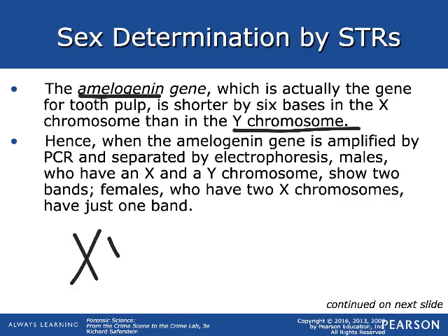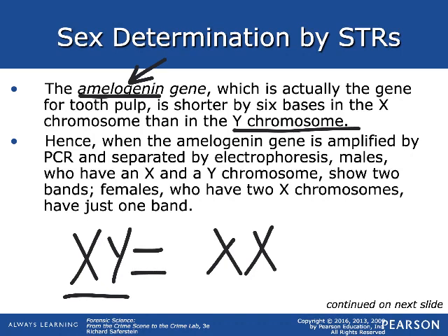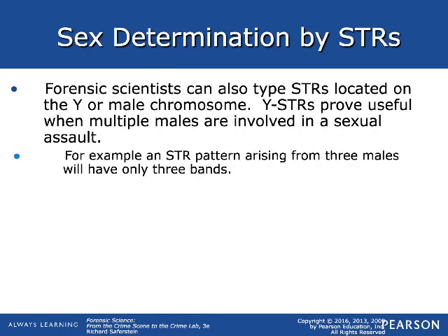Remember, guys are XY and females are XX. So if you're a guy and we're looking at the amelogenin gene, you'd have 2 bands. Females would just have 1 band. So that's one way to figure out sex.